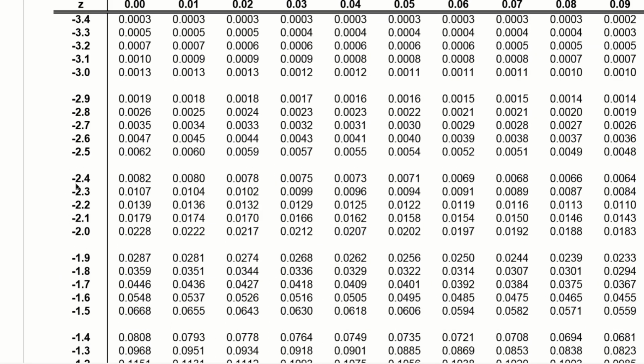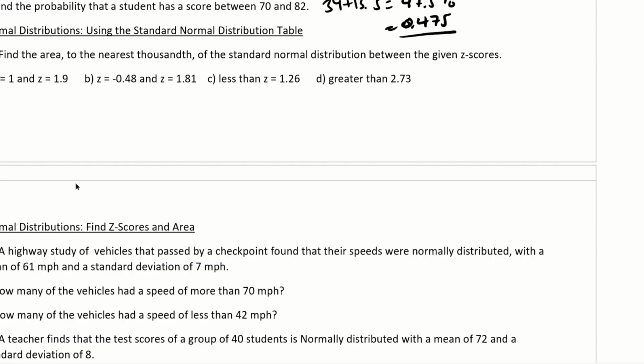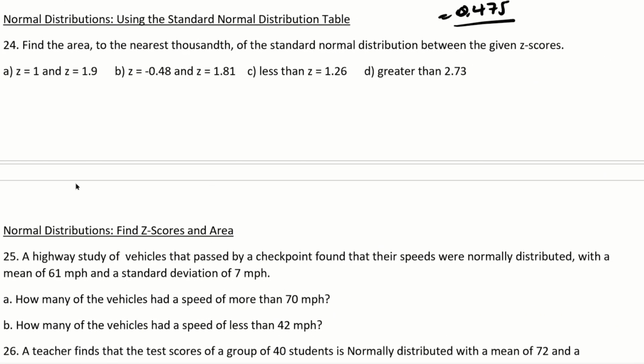It says find the area to the nearest thousandth of the standard normal distribution between the given scores. So we want to find between z equals 1 and z equals 1.9.